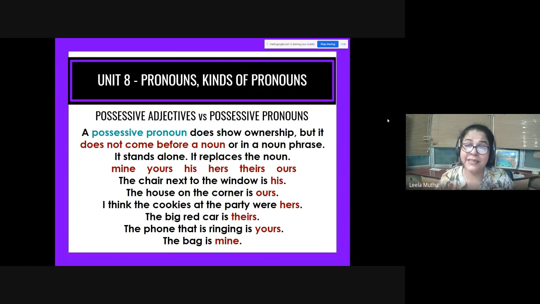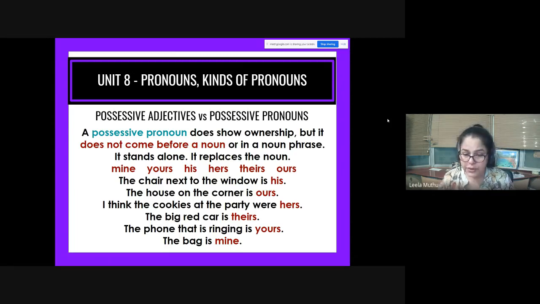It is theirs. This garden is theirs, and you're pointing to a couple. You know immediately whom the garden belongs to. Okay, and ours. We bought this beautiful old car, second-hand car. It is ours. So when I say that, you immediately know it belongs to me and somebody else.